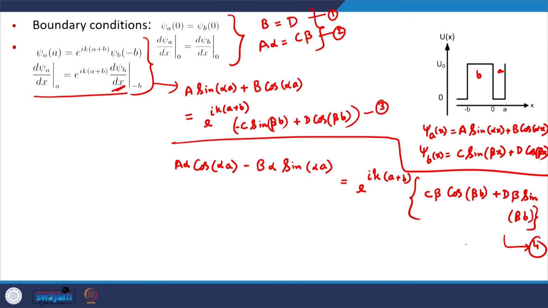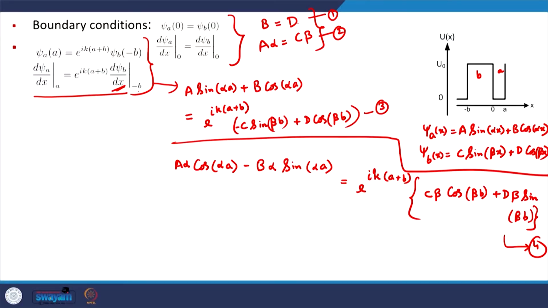So, we have 4 constraints and 4 unknowns, a, b, c and d. In principle, by using certain mathematical techniques, we can solve these constraints and find the values of a, b, c and d. We can easily replace b by d in constraints 3 and 4, and replace a by c times beta by alpha, and by putting these values in constraints 3 and 4, we will be left with only 2 constraints.